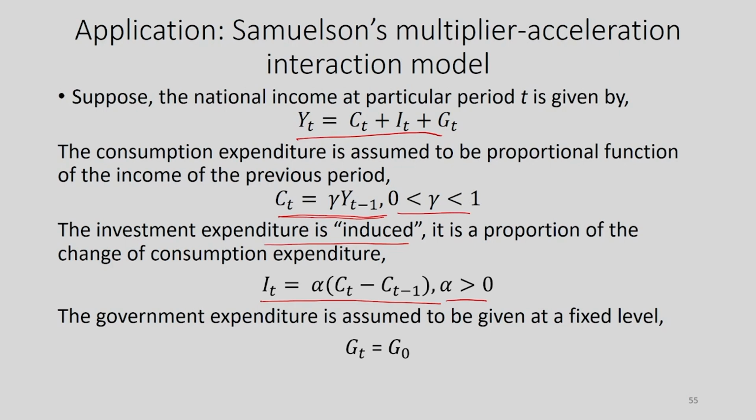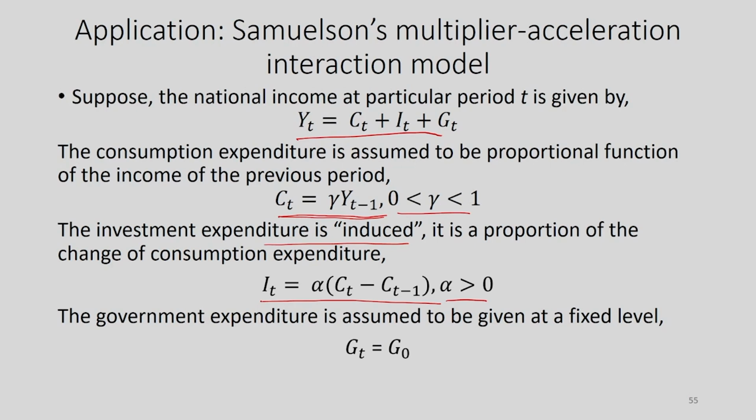The rationale could be the following: the people who do the investment, let us suppose the producers, look at how much consumption expenditure has been changing over the last period. That tells the investors whether the people who are doing the consumption are feeling confident about the economy.